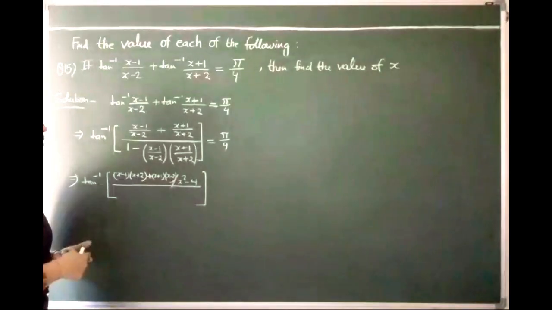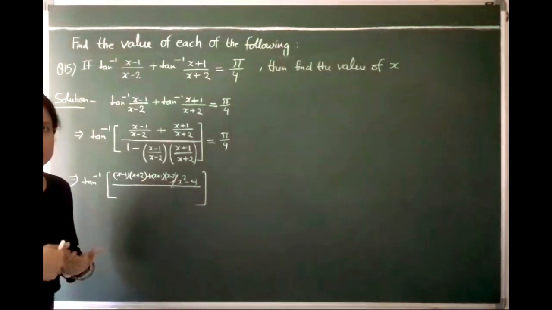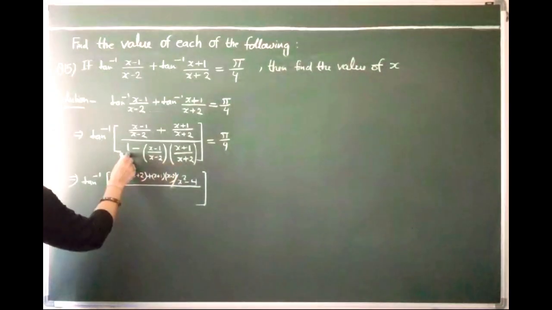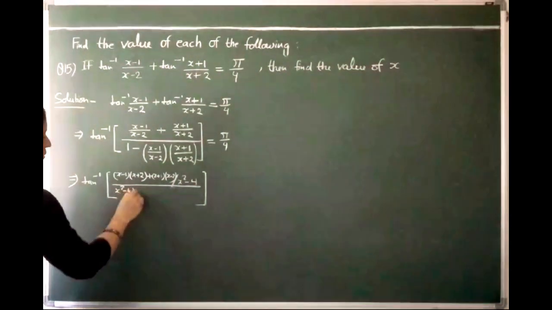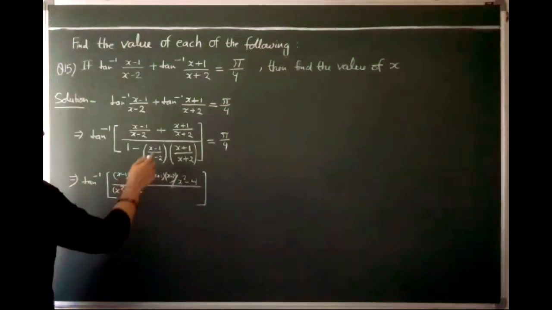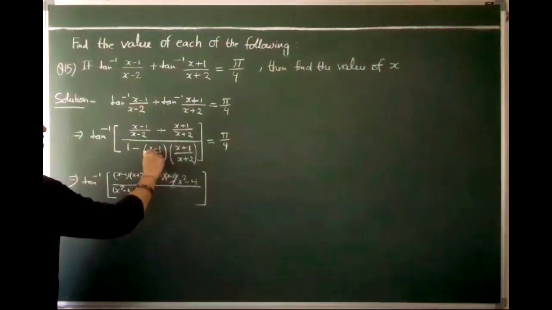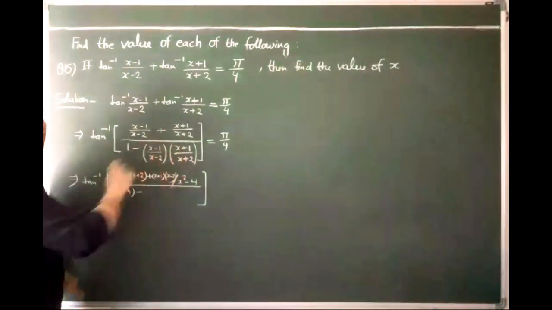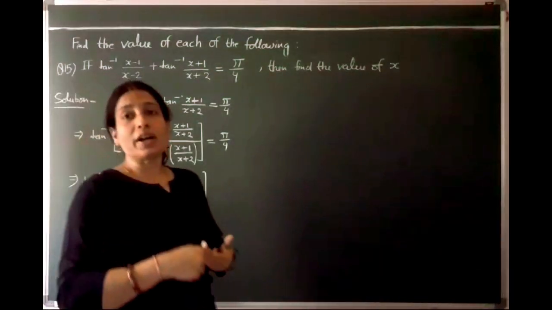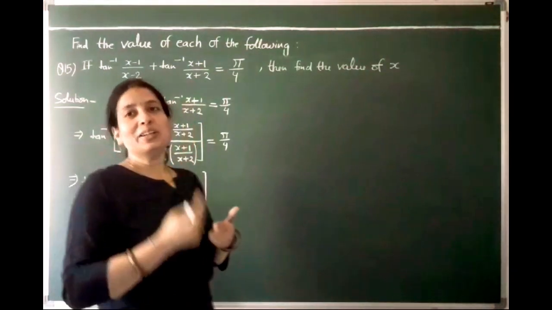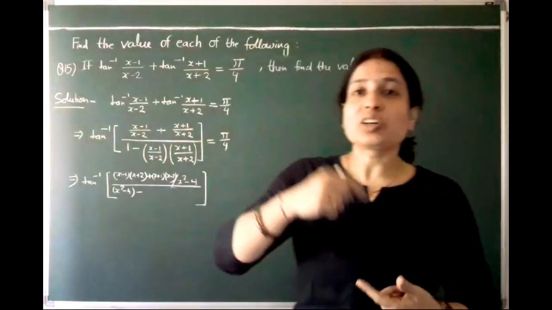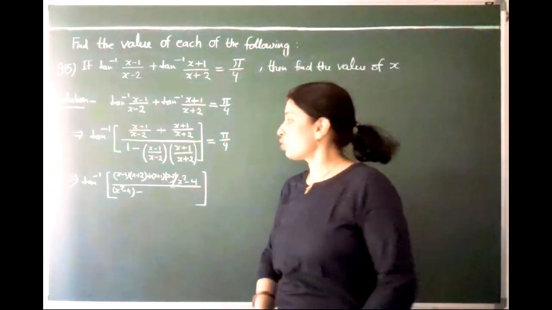So it will be x square minus 4, a square minus b square. So it will come here. So we can write x square minus 4 minus, here it is (x minus 1) into (x plus 1). So it will be x square minus 1 square, because (a plus b) into (a minus b) is equal to a square minus b square.